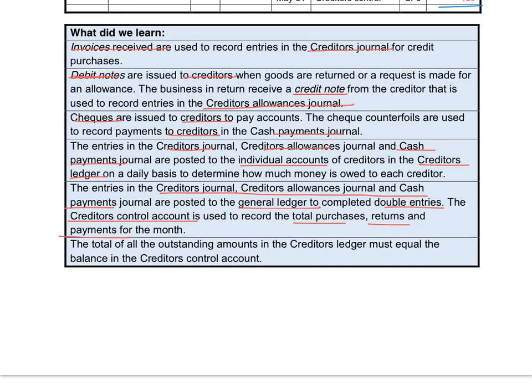The total of all the outstanding amounts in the creditors ledger must equal the balance in the creditors control account. If they don't equal, it means that you made a mistake somewhere and you will have to go and find the mistake. So that is why we call it a creditors control account, because it controls all the entries that were completed in the creditors ledger.